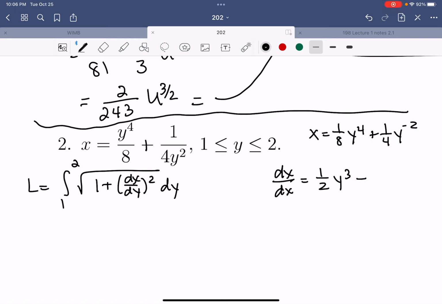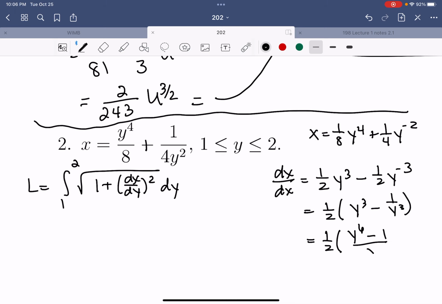So this is going to become minus 1/2 y to the negative 3, which is 1/2 times, I'm going to factor out the 1/2, y cubed minus 1 over y cubed, and I'm going to get common denominators. So 1/2 times y to the 6th minus 1 over y cubed.